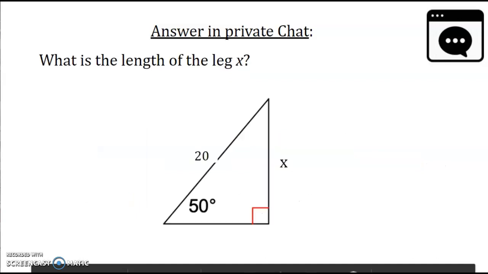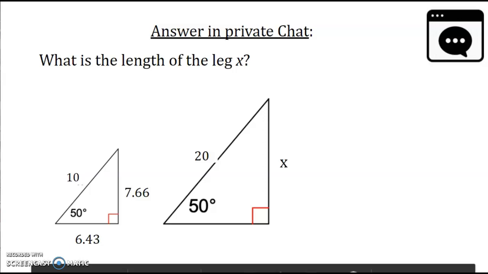All right, then what about this? What is the length of leg X? Okay, so what sort of triangle is this? This is a 50-40-90 degree triangle. Do we know anything about those ratios? Not yet. However, these two triangles are similar, aren't they? This is a 50-degree angle, this is a 50-degree angle there, and there's 90 and 90.